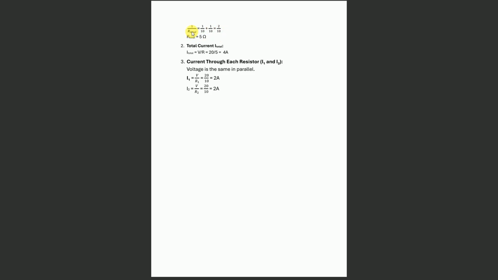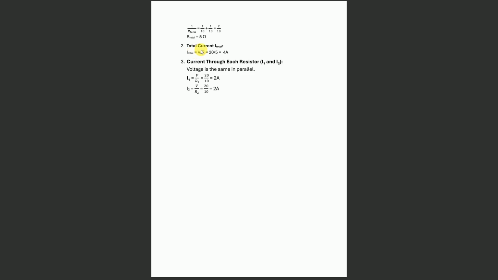Now here we have to find total resistance, so we reciprocate it, inverting both sides. So R total is equal to 10 over 2. If we divide 10 by 2, it will be equal to 5 ohm.